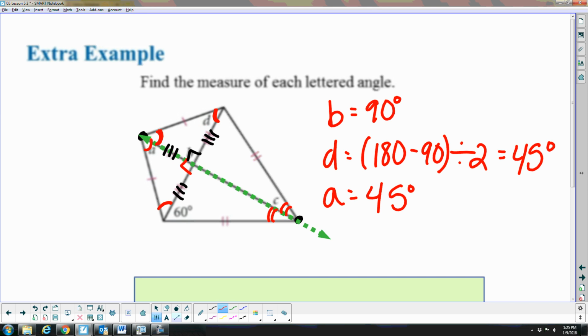All right, so we've got B, we've got D, we've got A. Now to find C. Well, if you look at C, you also can see that it's an isosceles triangle. And in this isosceles triangle, we know the base angles are both going to be 60 degrees. So if both angles are 60 degrees, then this whole big angle here, which is twice as big as C, we know that 2C equals 180 minus 60 times 2.